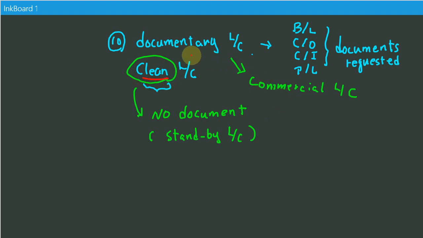But documentary LC requires commercial invoice, BL, CO, CI, PL, etc. The big difference between the two is that documentary LC is usually used for commercial trading, and contrarily, clean LC is used for warranty and guarantee.